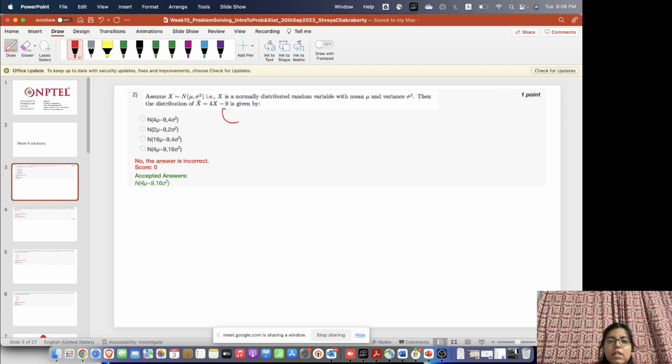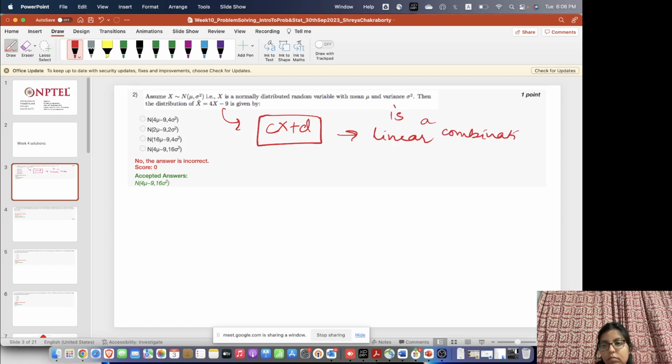Now this 4x minus 9 is in the form of cx plus d. Okay, so this is a linear combination of random variable x.